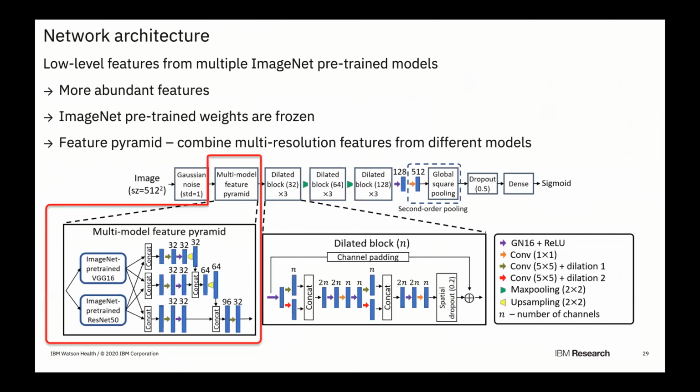The architecture we adopted combines the good features of most modern machine learning networks for computer vision. Those that are pre-trained from VGG or ResNet 50 features were built into a multi-scale pyramidal network, which gives you multi-level feature extraction, capturing the various abstractions and describing the local and global abnormalities through dilated blocks.